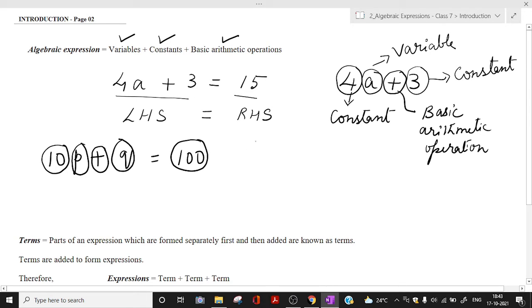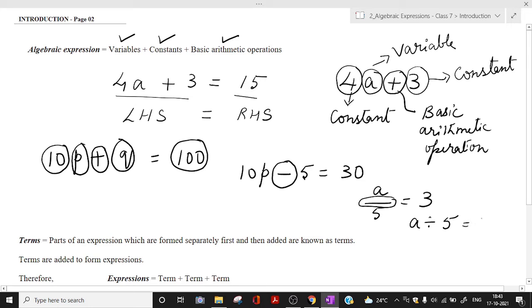Now it need not always be plus. I can also write 10p minus 5 is equal to 30. Here the basic arithmetic operation turns out to be subtraction. Likewise, I can also write a divided by 5 is equal to 3, where the basic operation is division. More so, I can also write a into 5 is equal to 100.